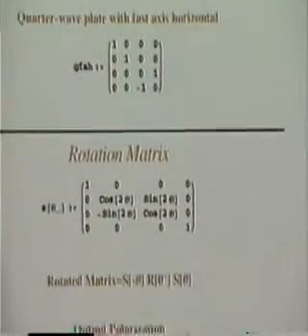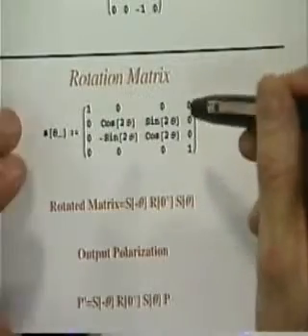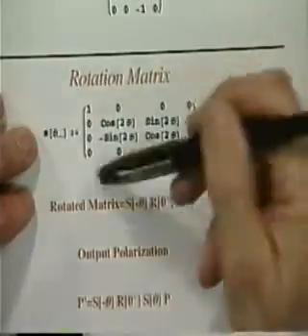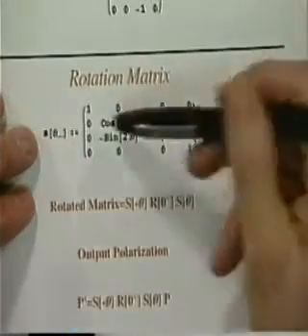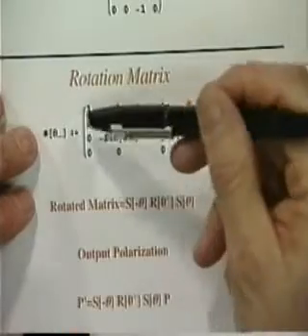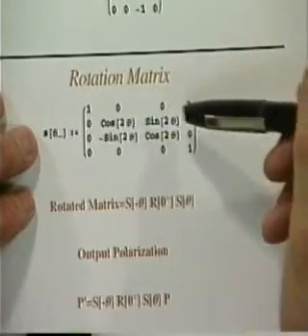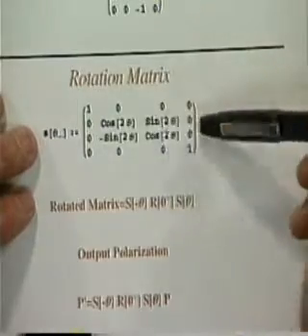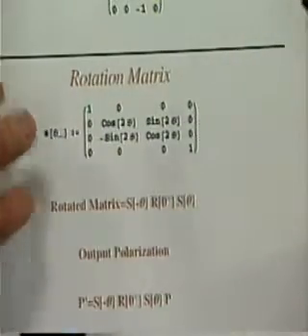And if we want to deal with things at other angles, just like with the Jones calculus, we have rotation matrices here. 4 by 4 matrices, and they look like this here. 1, 3 zeros, a 0, and then cosine 2 theta, sine 2 theta, 0, 0, minus sine 2 theta, cosine 2 theta, 0, and then 3 zeros and a 1.